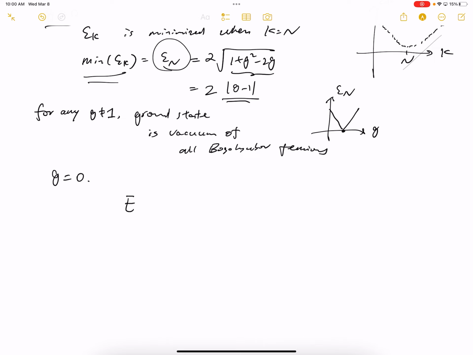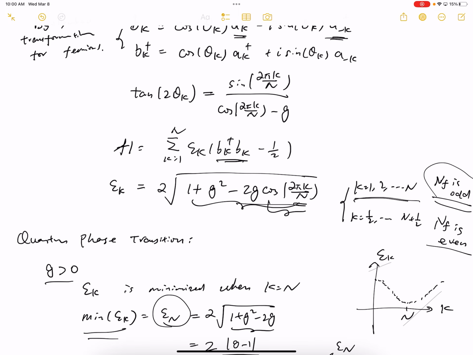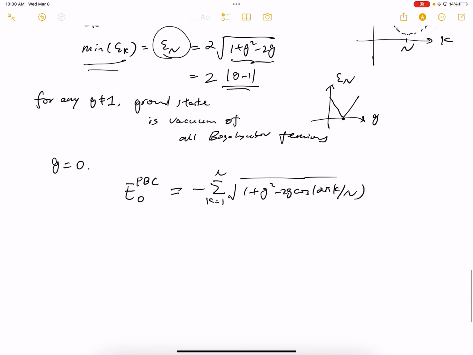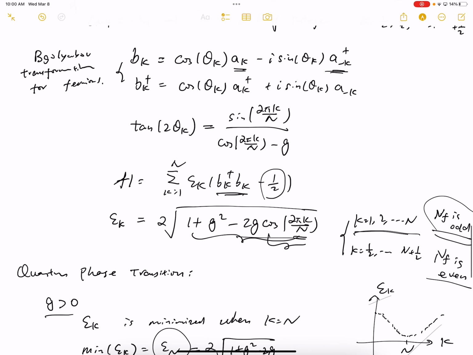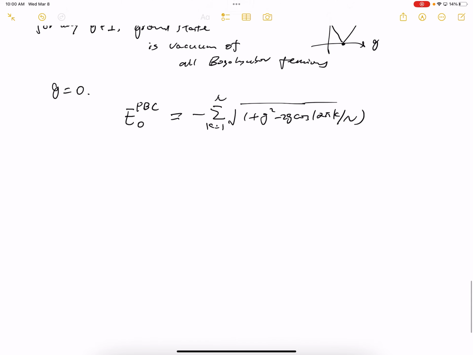There's going to be a ground state in the periodic boundary condition sector, and that's going to be given by the sum over this expression. Here I'm explicitly keeping the 1/2, because the total value of the energy is important for these different sectors.